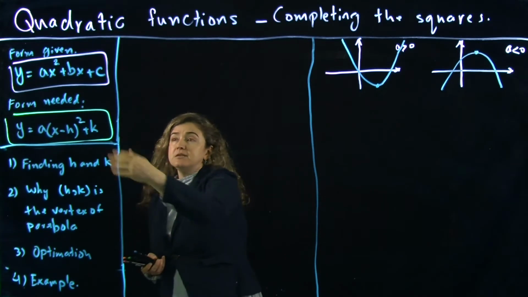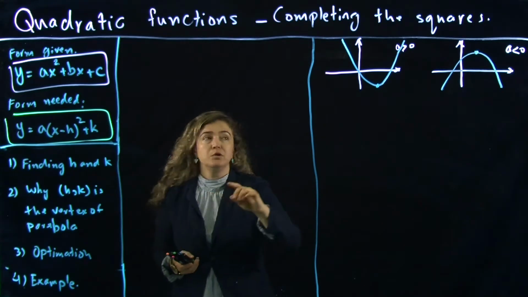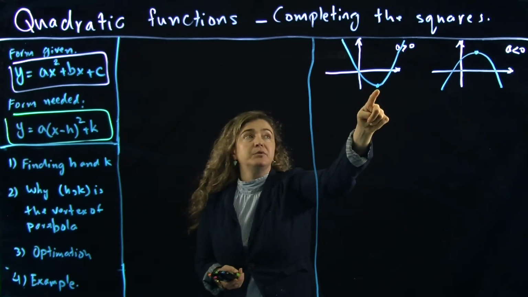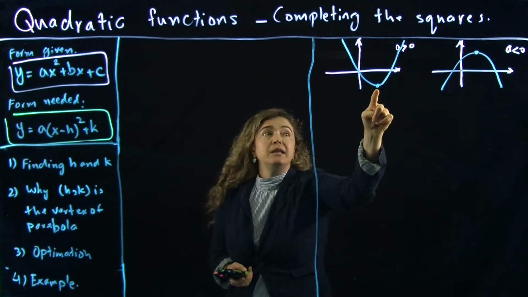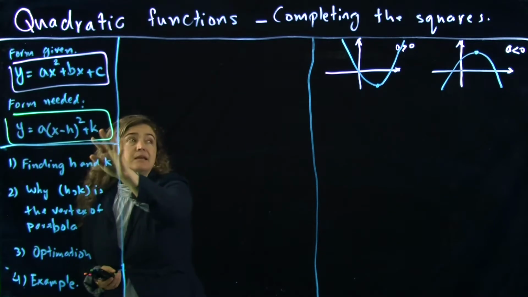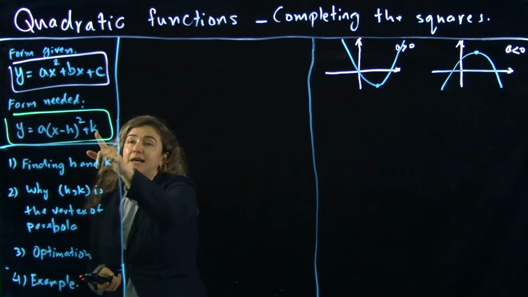And so this is going to help us do that. If you look at this point over here, for example, when a is bigger than 0, we want the value of x that makes this thing minimum. And how do we achieve that?